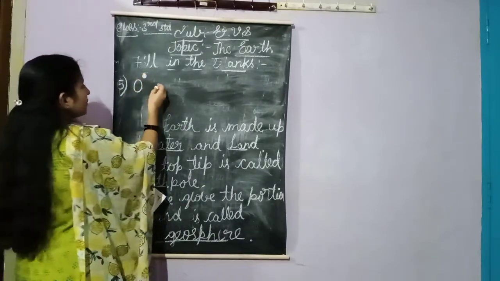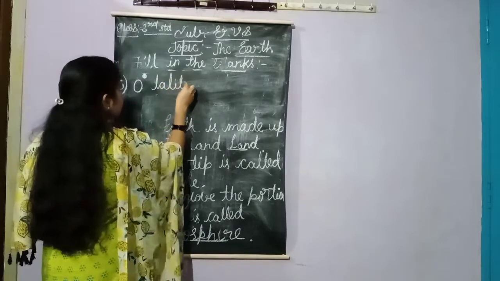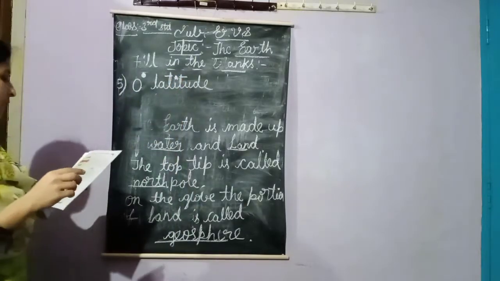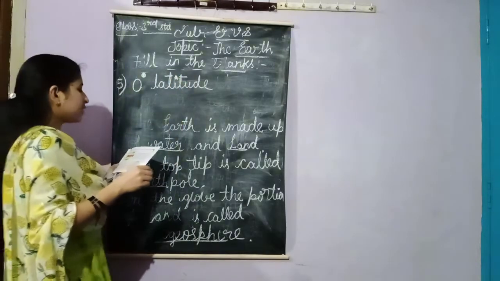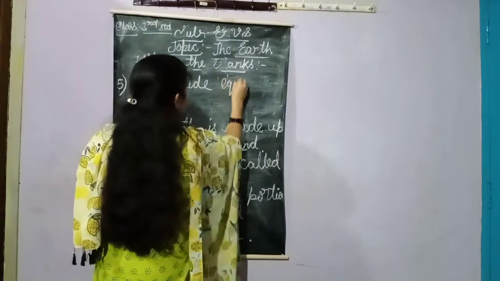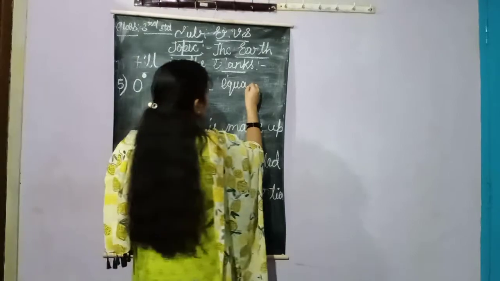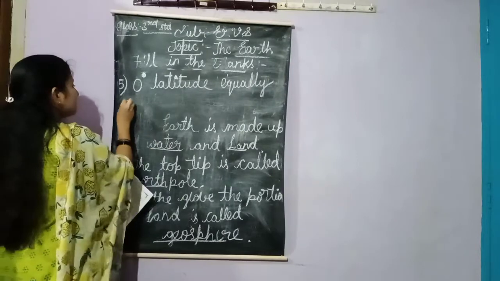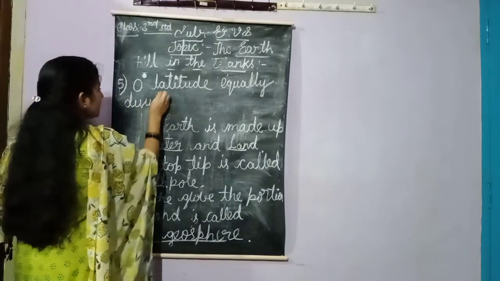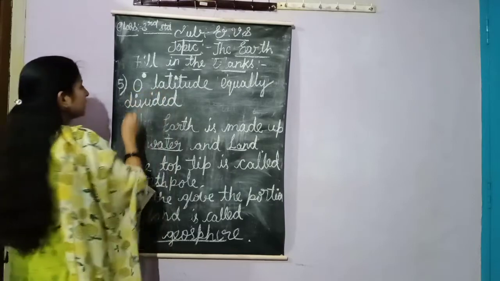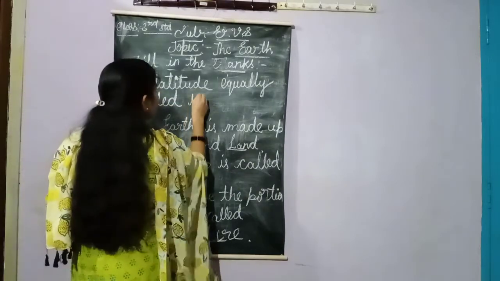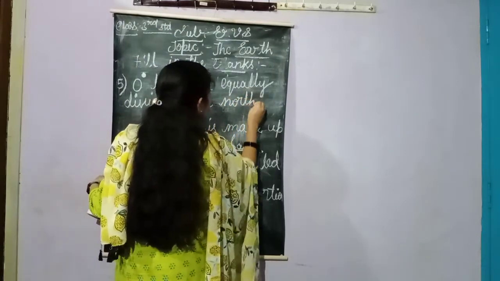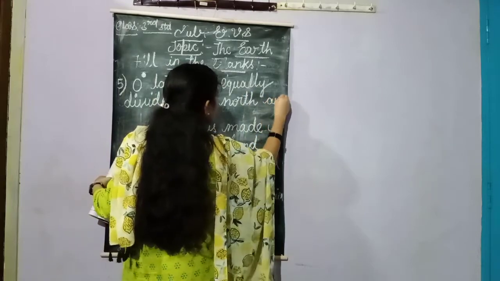Zero degree latitude, L-A-T-I-T-U-D-E, latitude. 0 degree latitude equally divided the North and South Pole.